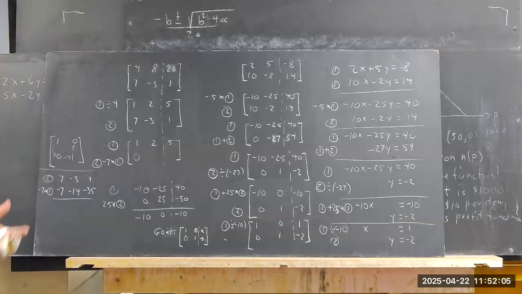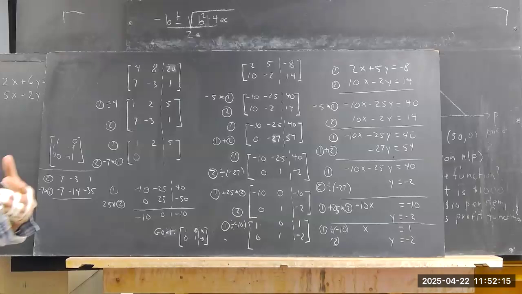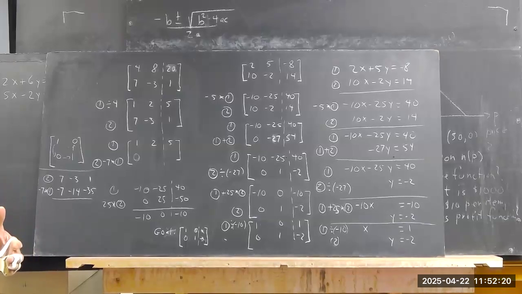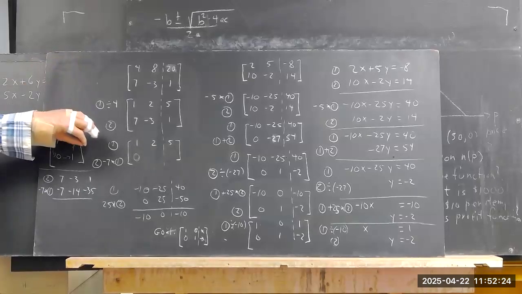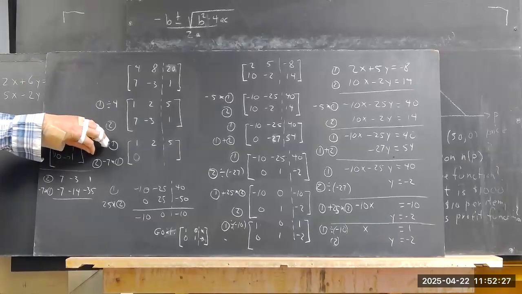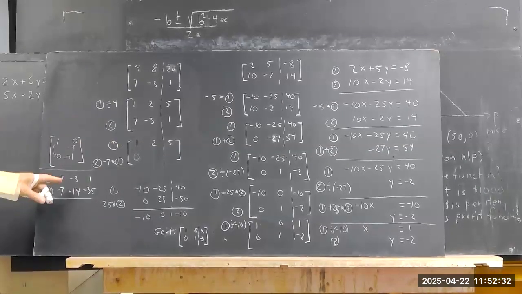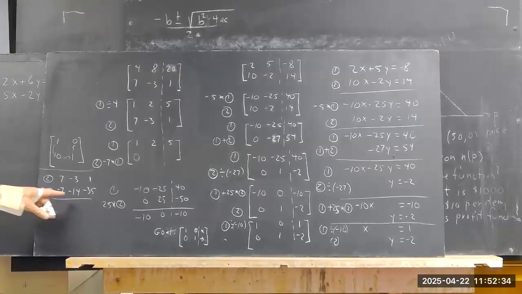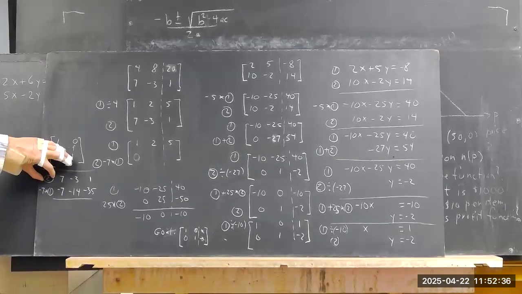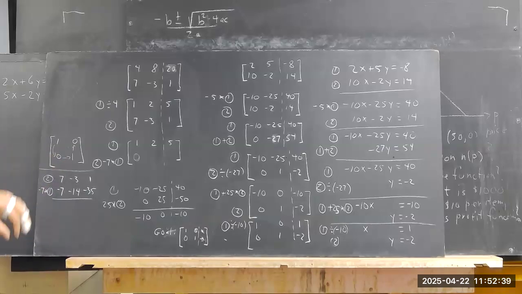Okay. Now, I'm giving you a method that's going to work, but you have to do every step the way I say. You can adapt it later once you understand what's going on. But it took quite a while for me to convince people that if you're going to do row two minus 7 times row one, you write out row two and you write out negative 7 times row one, and you label them: 2 with a circle, negative 7 times 1 with a circle.